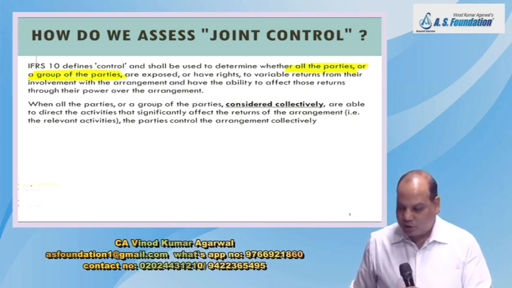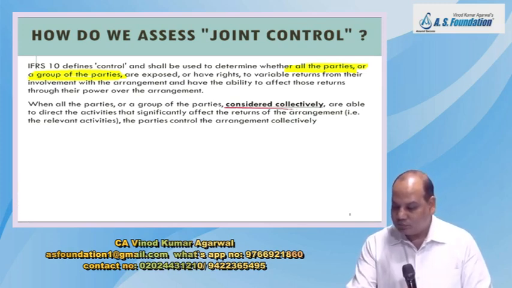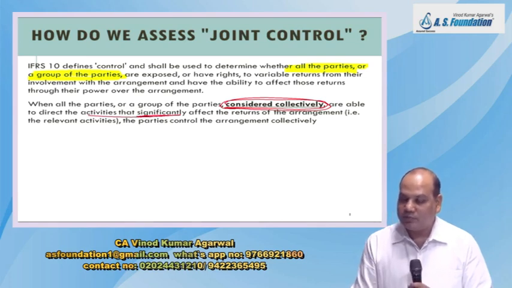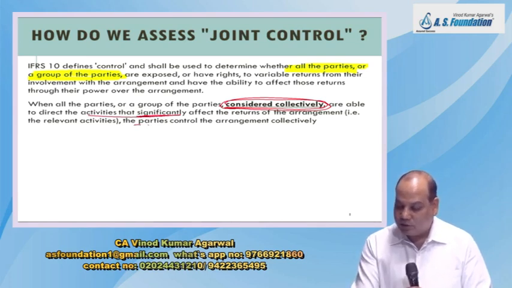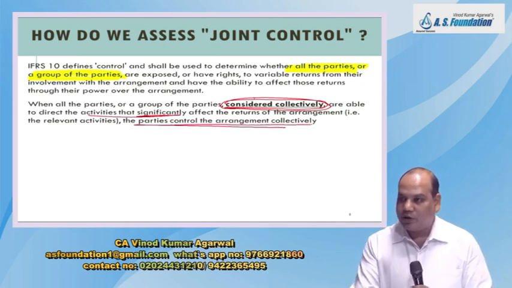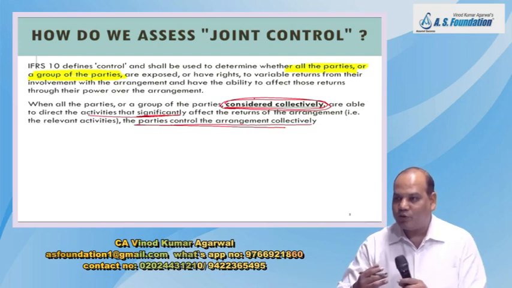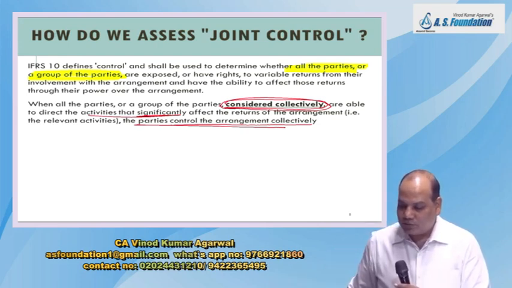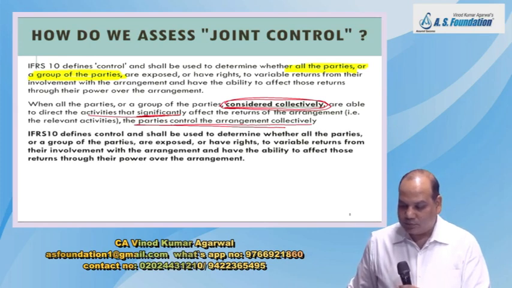So all those parties who have the control must come together, only then can decisions relating to significant activities be taken. Then the arrangement is a joint arrangement. Parties may have control, but unless all the parties who have control come together and take a unanimous decision, the decisions cannot be taken. It is not a joint arrangement.